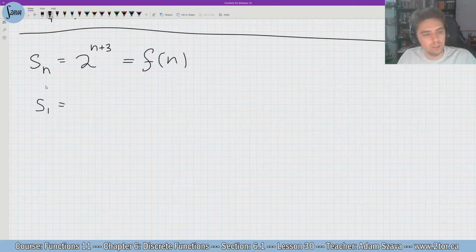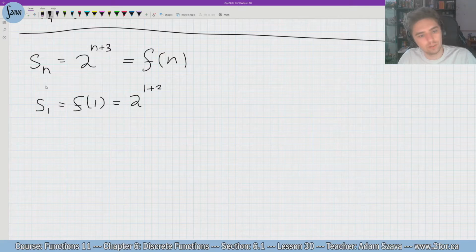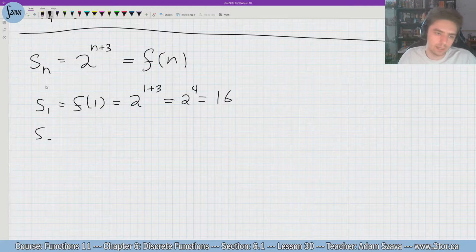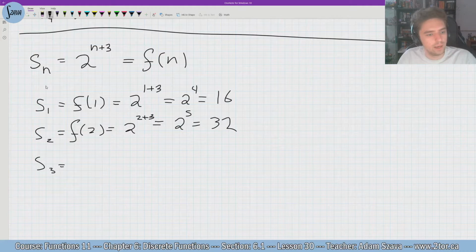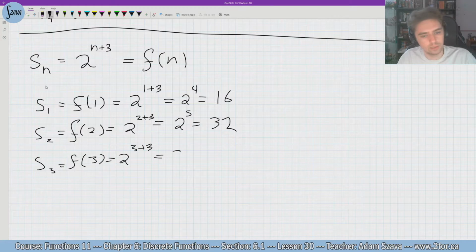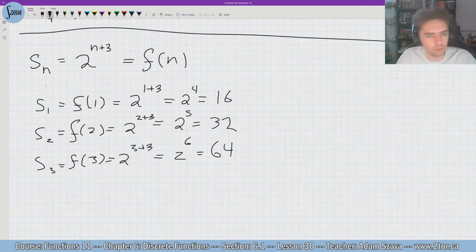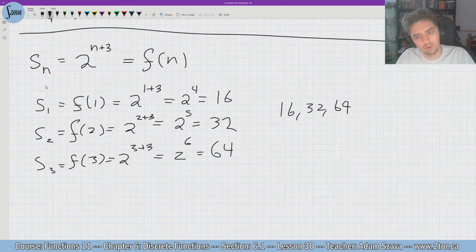S1 would be f of 1, 2 to the 1 plus 3, 2 to the 4, which is 16. S2 would be f of 2, 2 to the 2 plus 3, 2 to the 5, which is 32. S3, f of 3, 2 to the 3 plus 3, 2 to the 6, is 64, and so on and so forth. So the sequence would be 16, 32, 64, and so on.